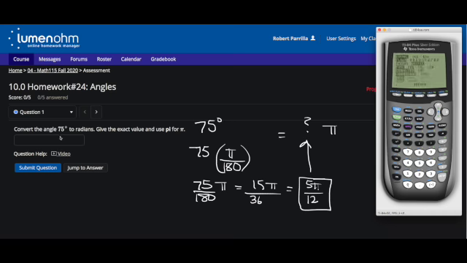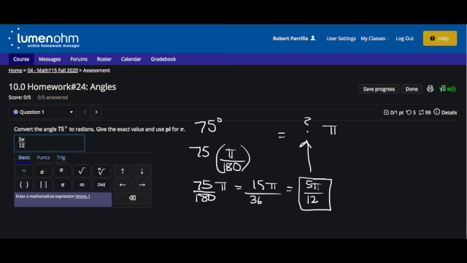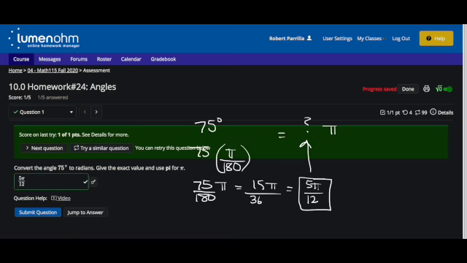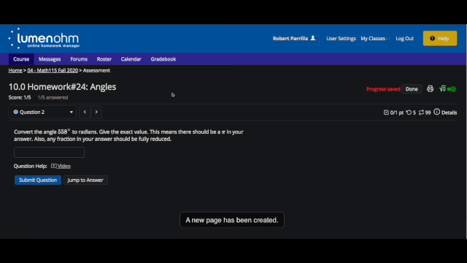So that's what we're going to put into the block here. 5, you can type the letter pi, divided by 12. And we got that right. All right, so just remember this conversion of pi over 180. When I want to have pi on top, I want my answer to include a pi symbol, so I'm going to need to do it this way. Next question is going to be something along the same lines. So we're going to, oh boy, 558. Okay, so this is where you might want to use a calculator to help you out here.